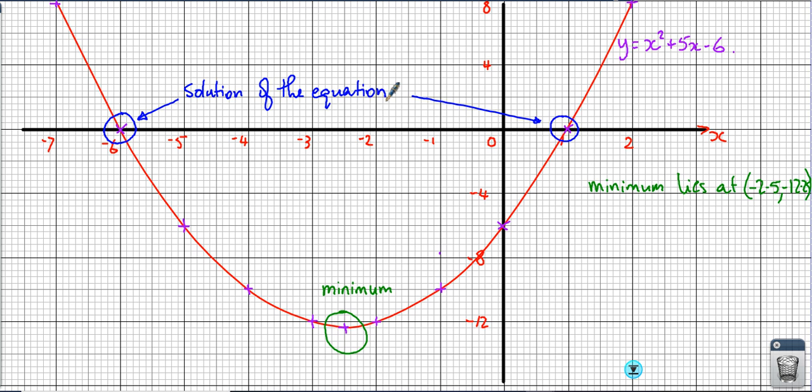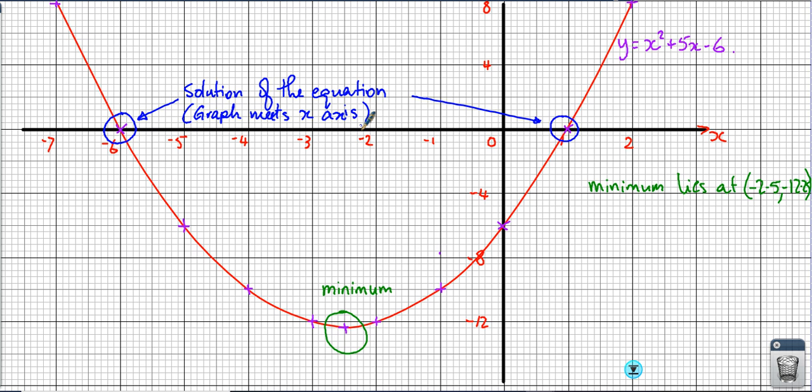Okay, so the solution of the equation is the point where the graph meets the x-axis. Again, these are two very important points.